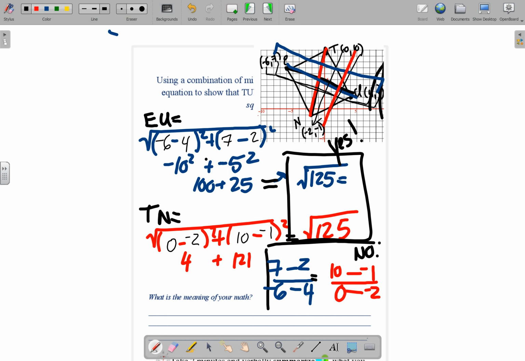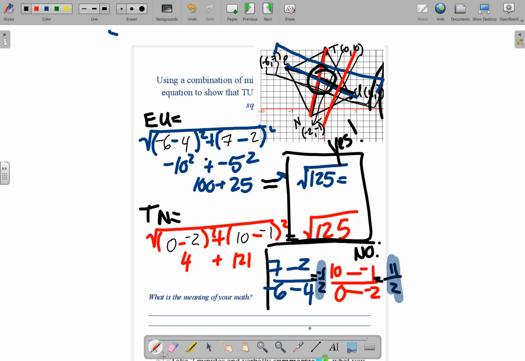Top is 5, bottom's negative 10. That is going to be negative 1/2. This one is going to be positive 11 over positive 2. You can see right away that these do not multiply to negative 1. So there is not a right angle there.